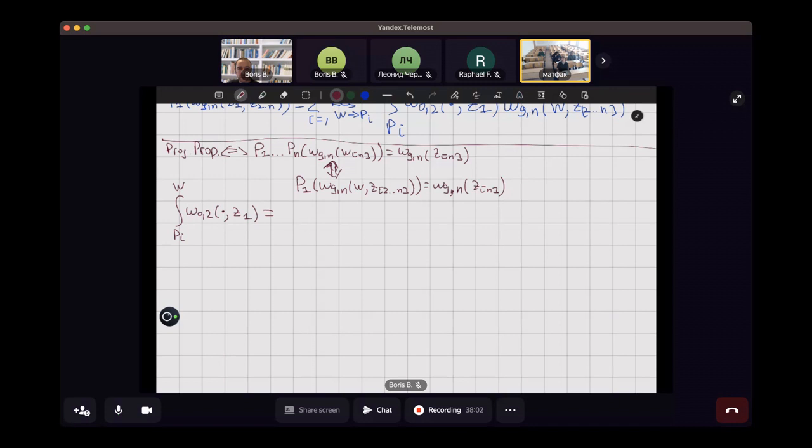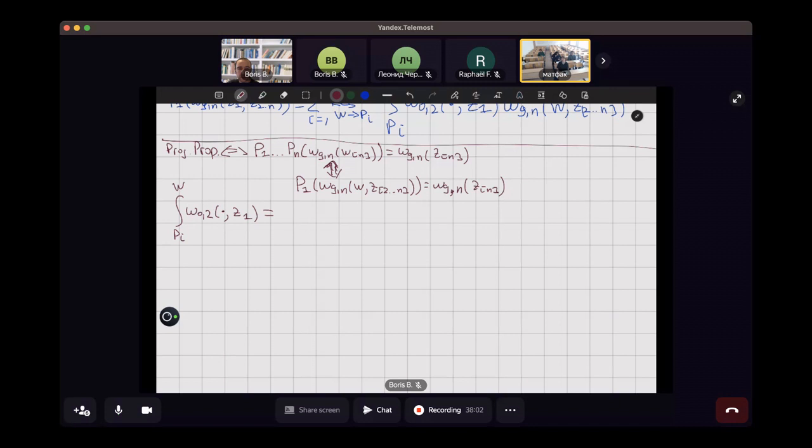The question is, what if here we have some additional term on the second line? Take, for instance, the situation when we have only two variables.